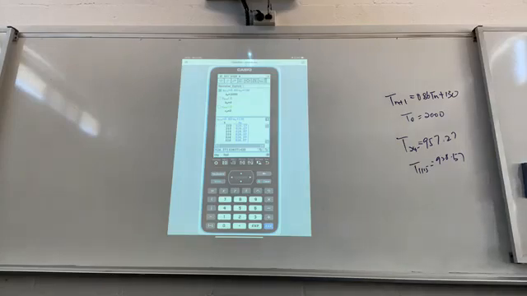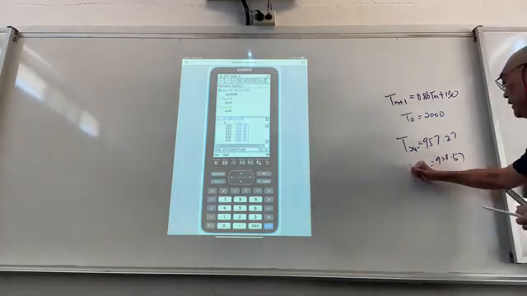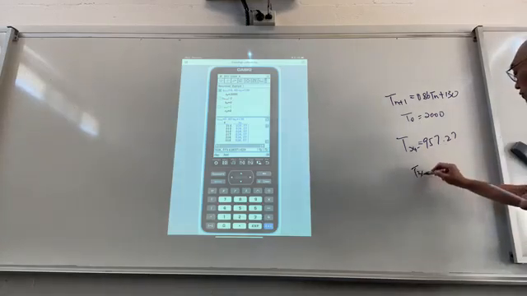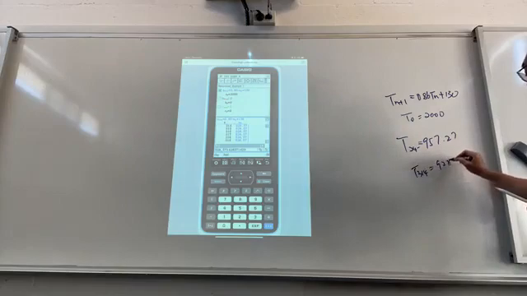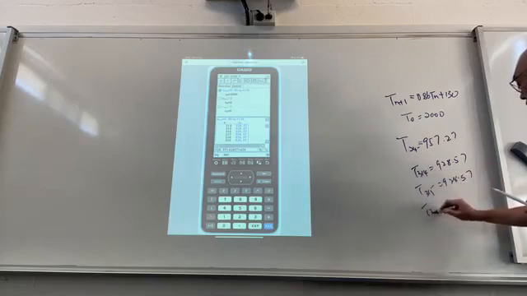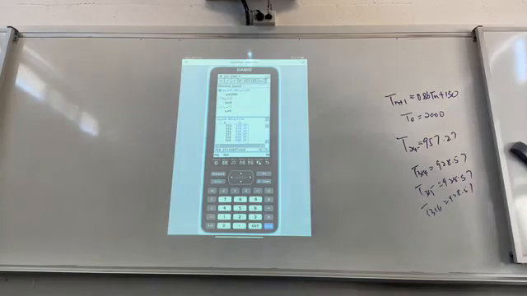So T314 equals to 928.57. T315 equals to 928.57. T316 equals to 928.57. Now, you could use your class pad and scroll down and use that as a steady state. Or I will show you how to calculate it.